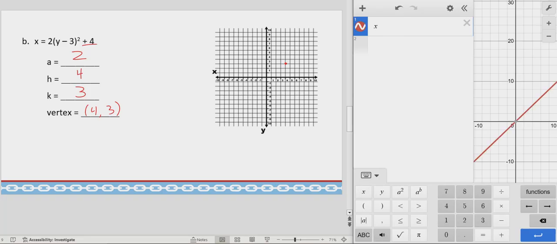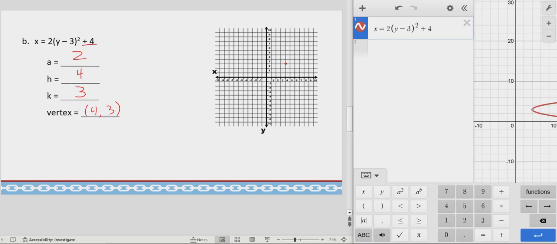And we can graph that in Desmos, where we cannot graph that on our TI-83s because those don't work with the x equals equations. So I can just type that in. y minus 3 squared plus 4.